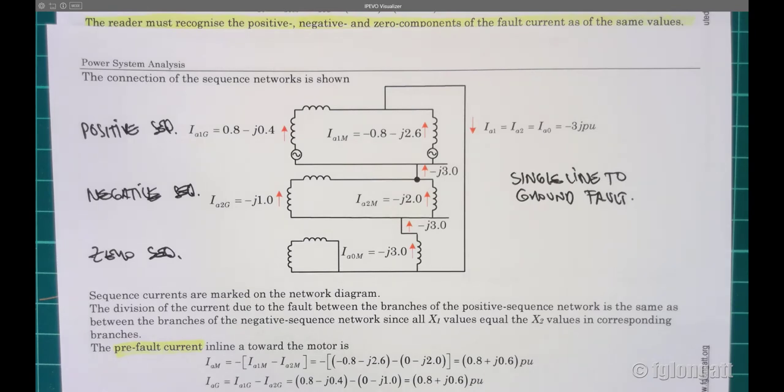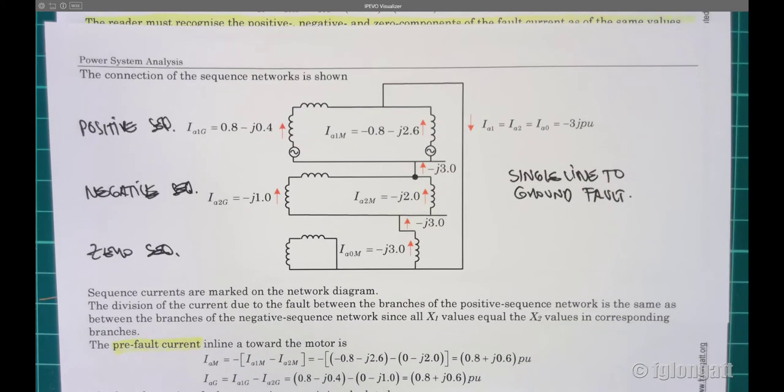Here we have positive sequence, negative sequence, and zero sequence. But at this time, what we want to know is the current that is going to the motor at pre-fault conditions. Many of my students were very confused, and that is the reason I need to explain.